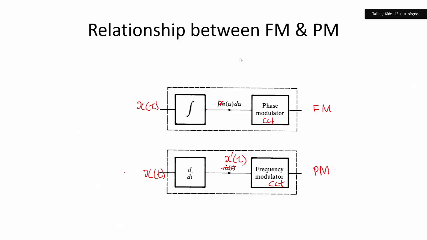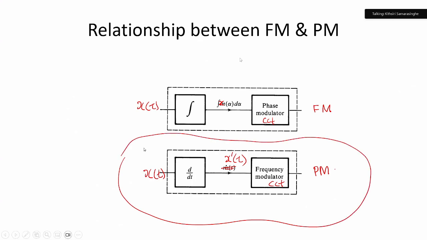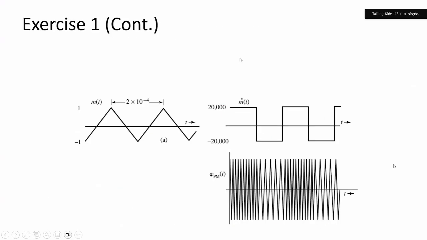So if I use this idea for my exercise here, we have a triangular waveform. The derivative of that will be this square wave. Then putting this into a frequency modulator, this will increase the frequency to a high value. This will decrease the frequency to a low value.